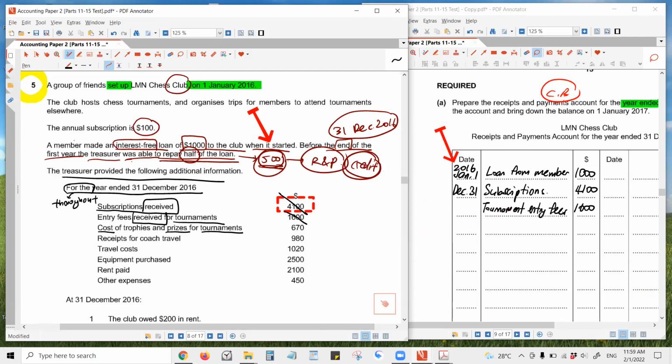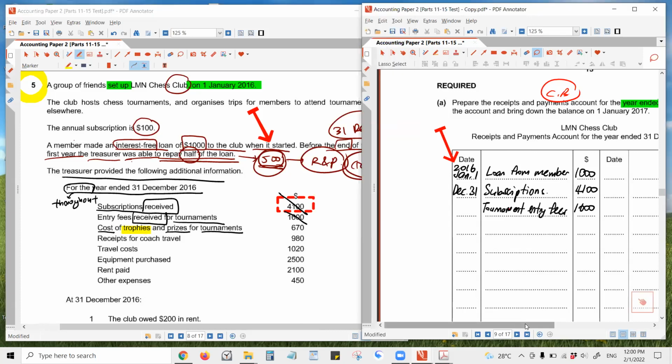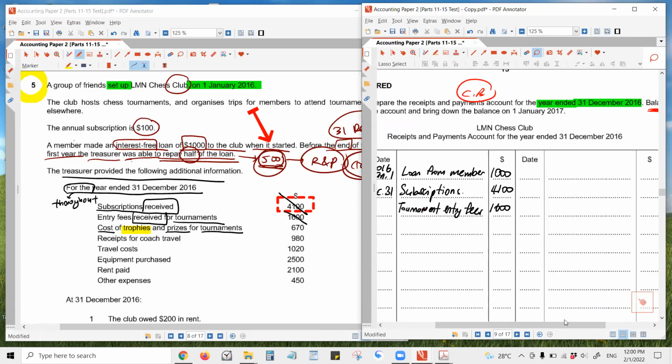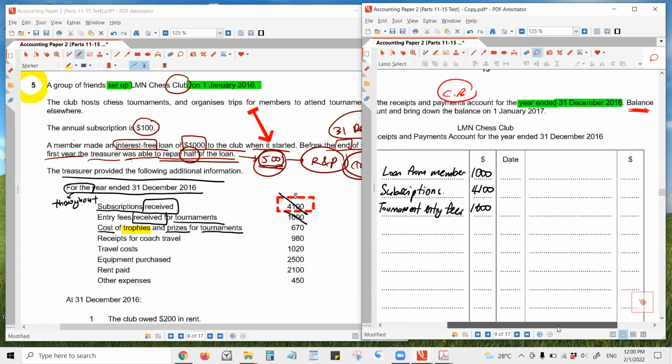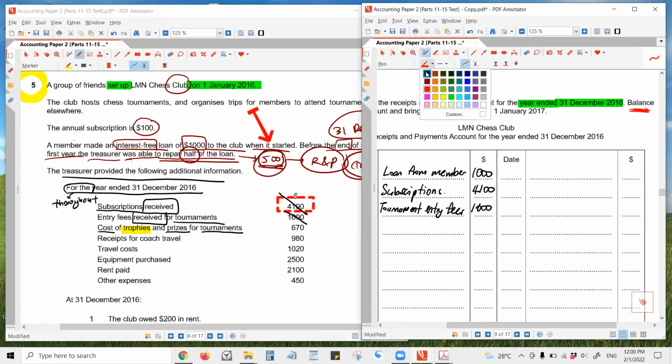So all these things cost money: certificates, trophies, and sometimes medals. Not sure if you have seen those businesses before. There are some businesses specialized in printing all these things, preparing trophies, certificates, medals. So this is a payment of 670. Write it here.